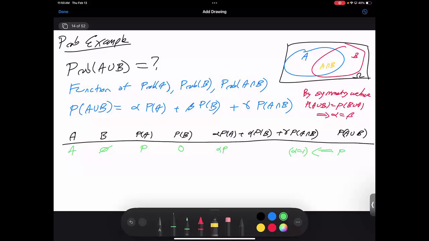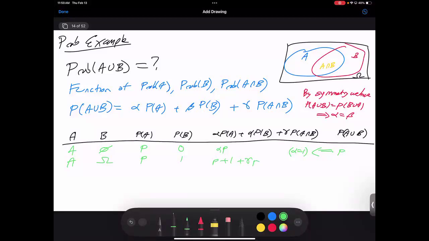The universe, everything, right? So we could take B to be everything. And then in that case, what's the probability of B? 1. And now we get alpha probability of A, but we know alpha is 1. So we'd get P plus 1 plus, now what's the probability of A intersect B if B is everything?